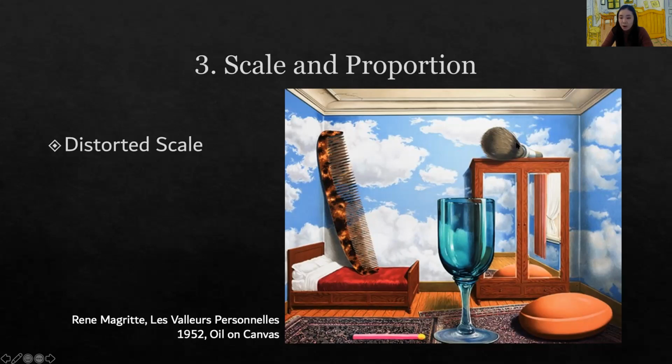The comb, brush, cup, and soap on the floor. That is called distorted scale. In the 20th century, many surrealist artists like René Magritte distorted the scale to create a supernatural effect like this work of art.